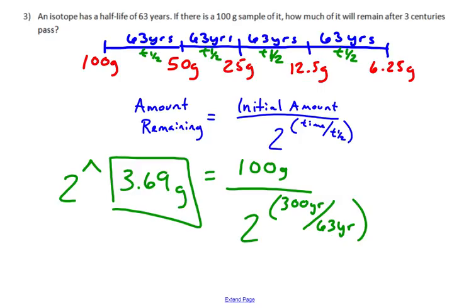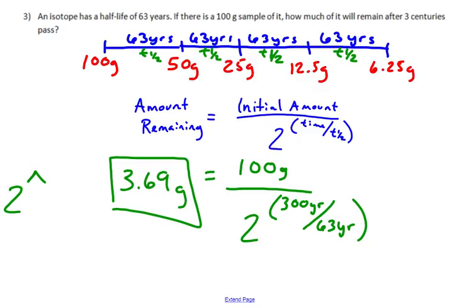I have a certain amount and I know a half-life, and whatever timeline there is, I can predict how much is left. That's part of kinetics. I can predict how much, how fast, all that stuff. So I would have 3.69 grams left. If you can't get that, I will definitely go over that with you eventually. Okay, so that's how you apply that problem.